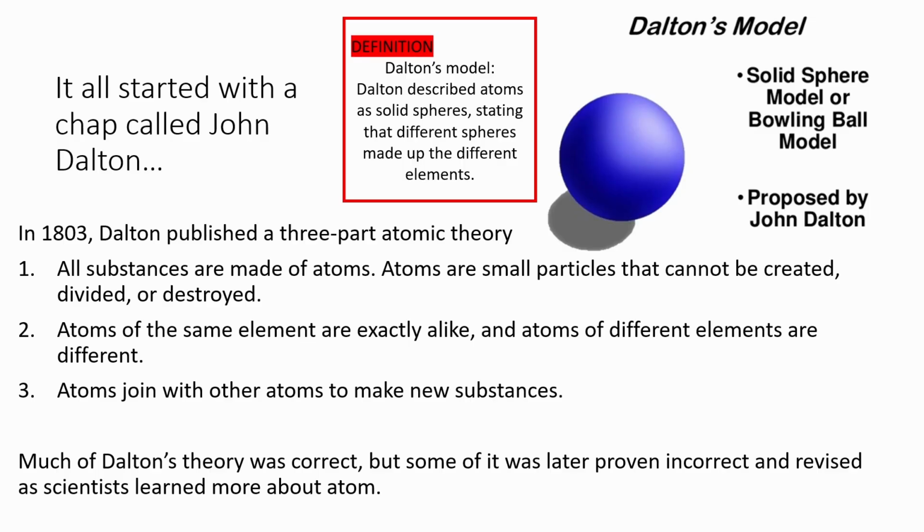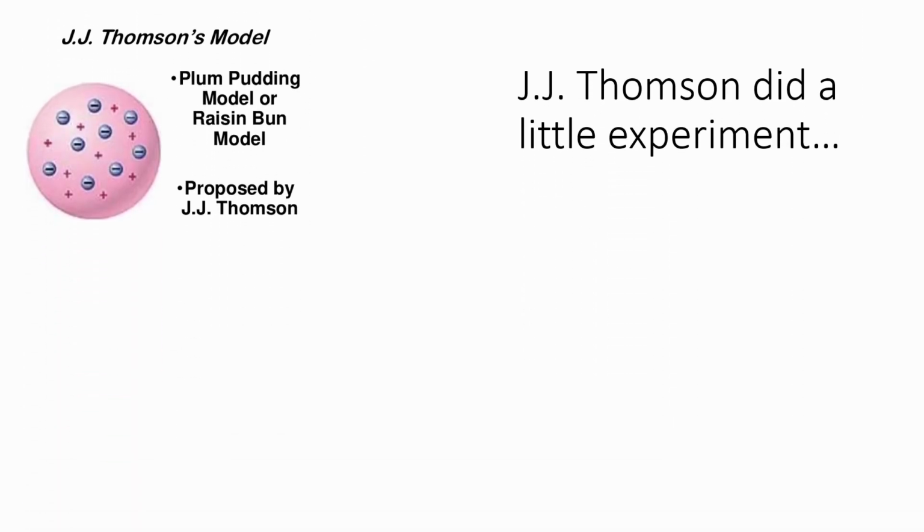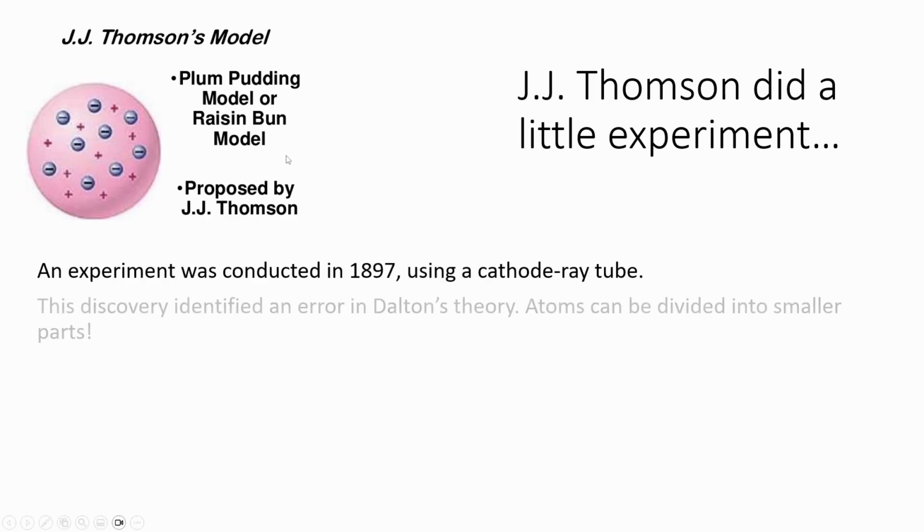And it was all through experimentation that we began to develop the model. So, a little experiment by J.J. Thomson. What he did was that he used a cathode ray tube. And through this experiment, he found that atoms can be divided into small parts.